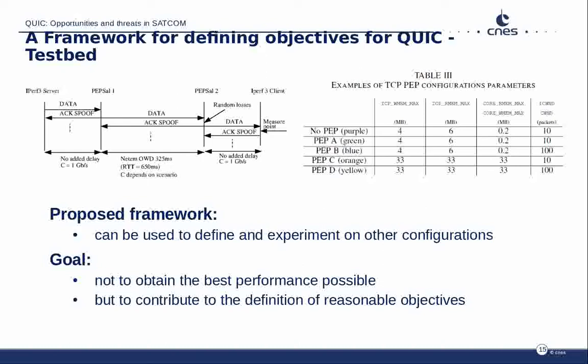The main difference is the initial connection window and the size of the buffers for the TCP sockets. Our objective is to configure and tune the PEPs to get the best performance, but to contribute to reasonable objectives.